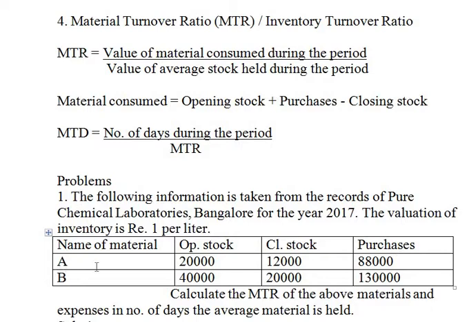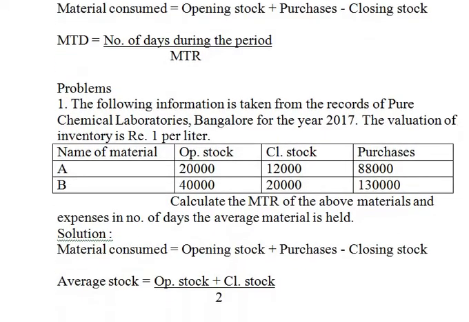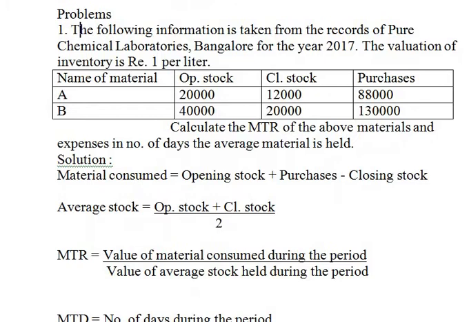Material A: opening stock is 20,000, closing stock is 12,000, purchases is 88,000. For material B: opening stock is 40,000, closing stock is 20,000, and purchases is 1,30,000. They have asked us to calculate MTR of the above materials and express in number of days the average material is held. Now this is the problem, we will be solving it.